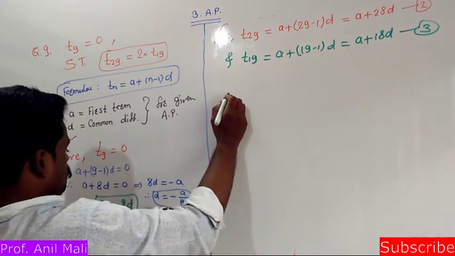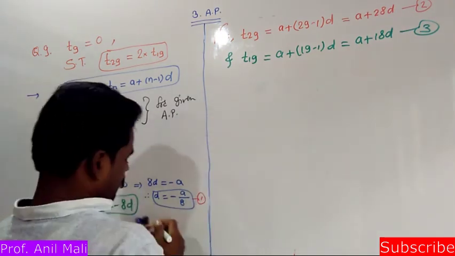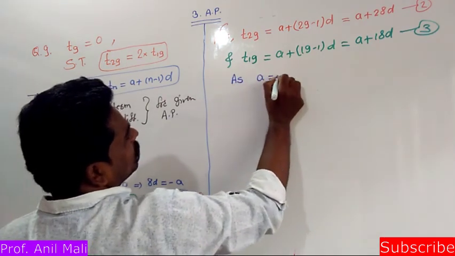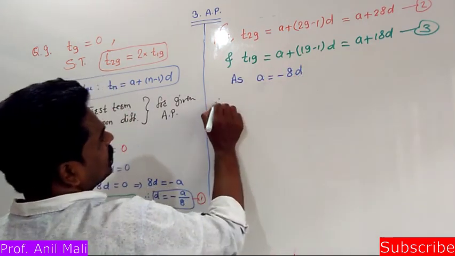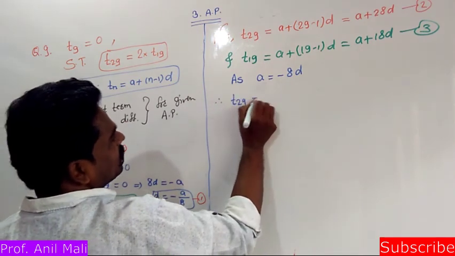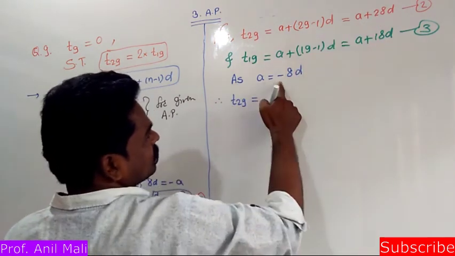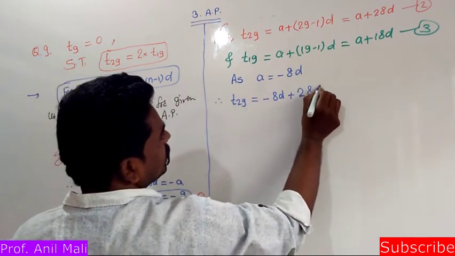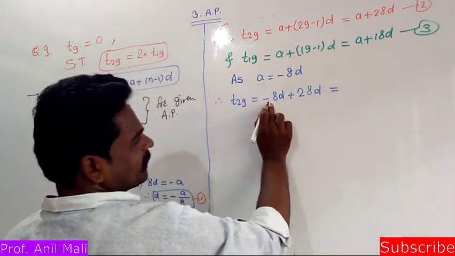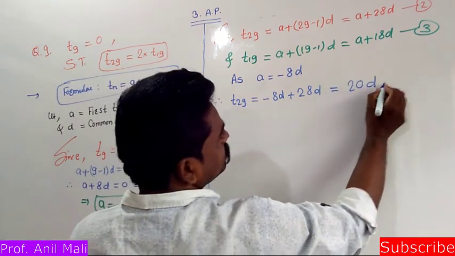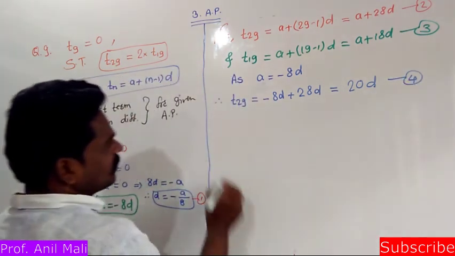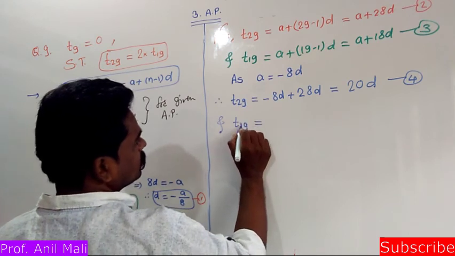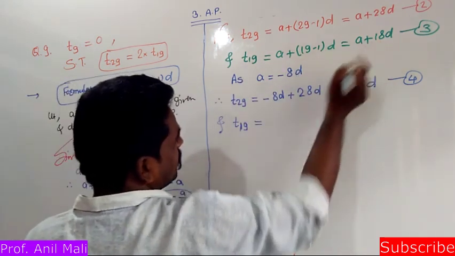Now T29, by substituting A is equal to minus 8D, is equal to minus 8D plus 28D, which is 28 minus 8, only 20D. This is equation 3. And T19 is equal to A plus 18D.